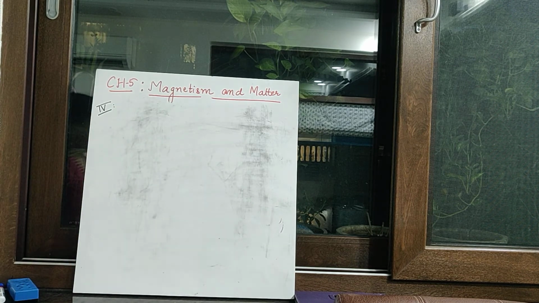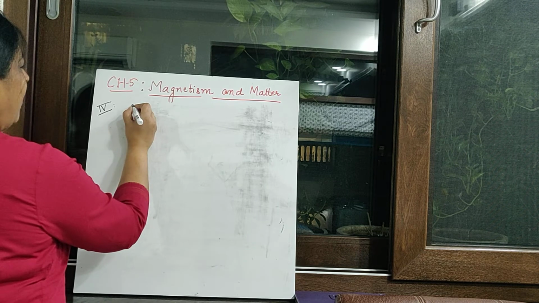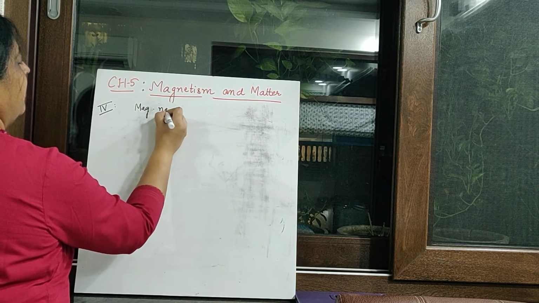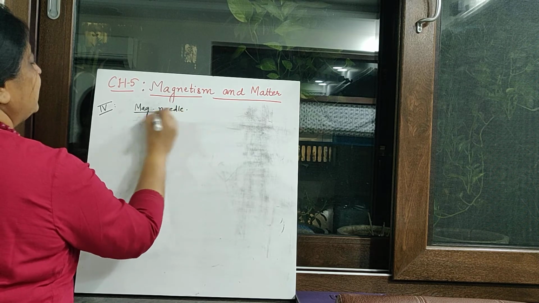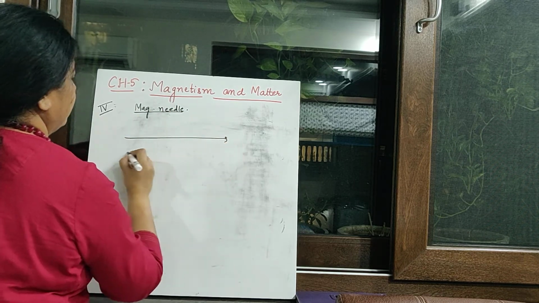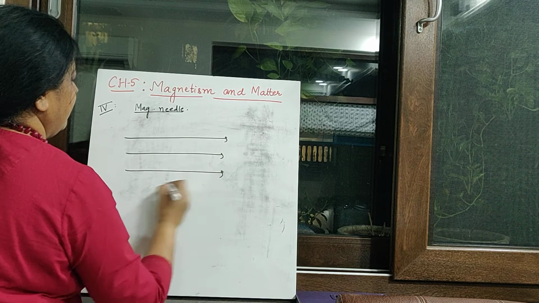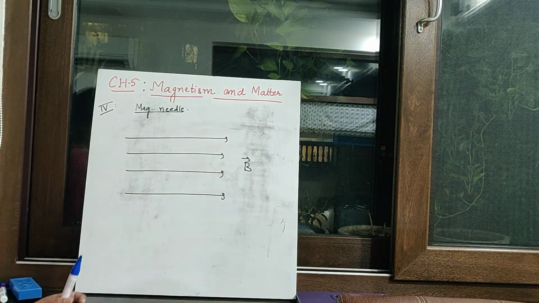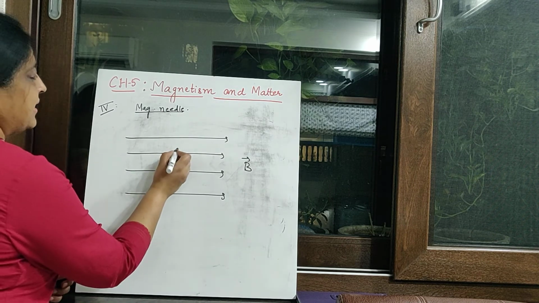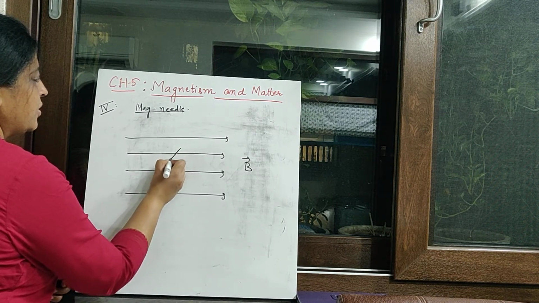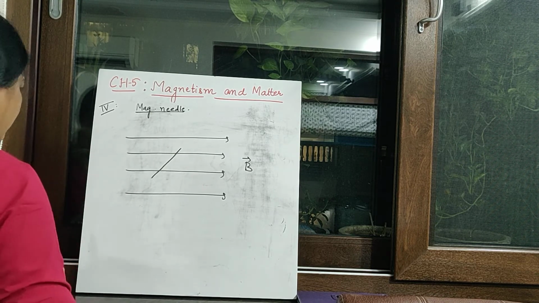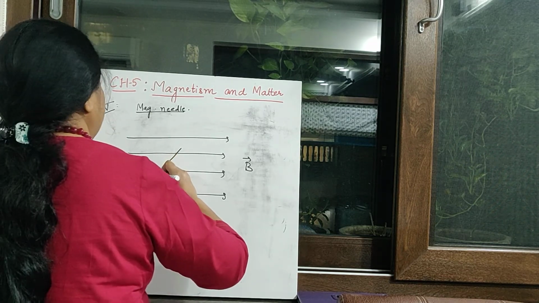The topic is, if you have a small magnetic needle and you place it in a magnetic field, suppose this is the uniform magnetic field represented by parallel lines, and you have a magnetic needle. I am not drawing a complete magnetic needle, I am showing it only by a line.